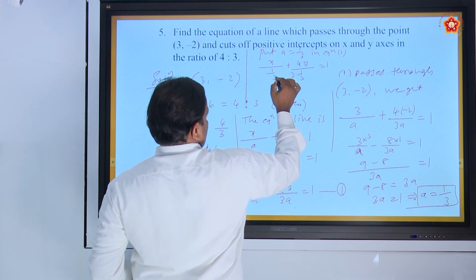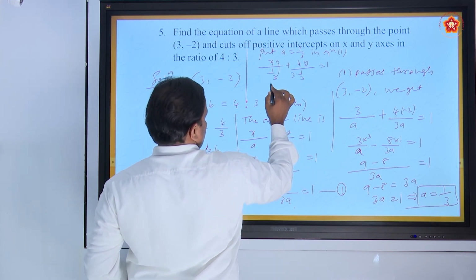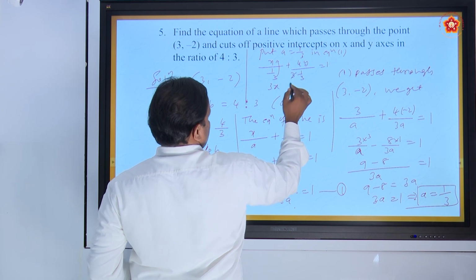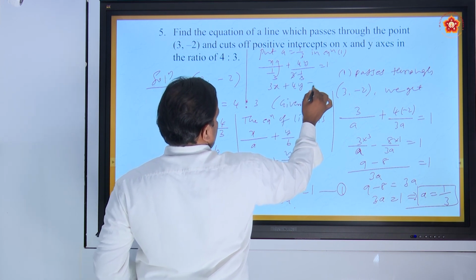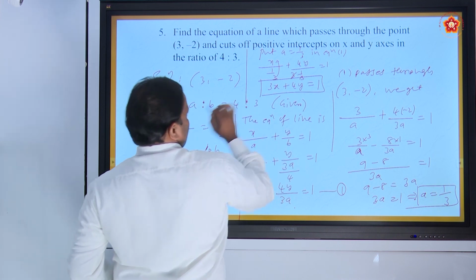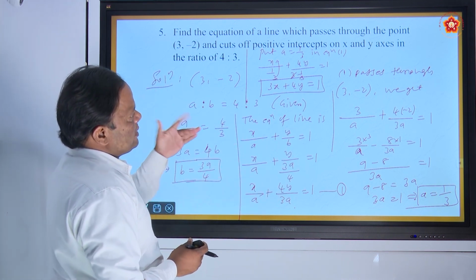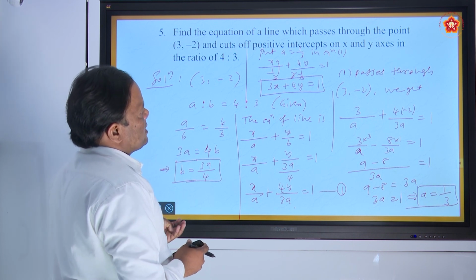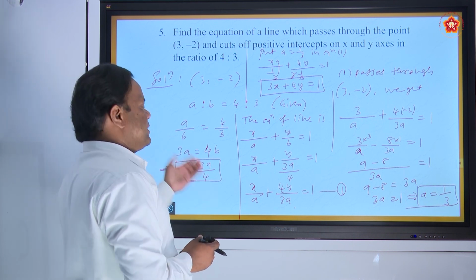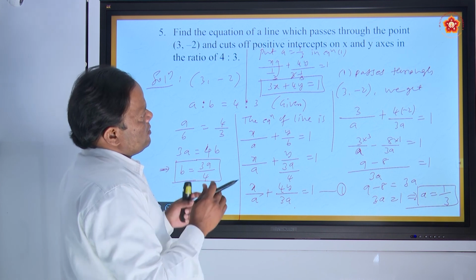So 3 will go to the numerator and here is 1. This becomes 3x. The 3s get cancelled, plus 4y equal to 1. This is our required answer: 3x plus 4y. Only 1 remains there, no need to write the 1 here. 3x plus 4y equal to 1, or 3x plus 4y minus 1 equal to 0. This is our required answer.